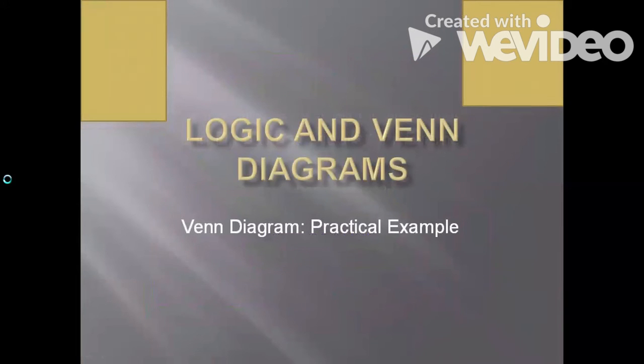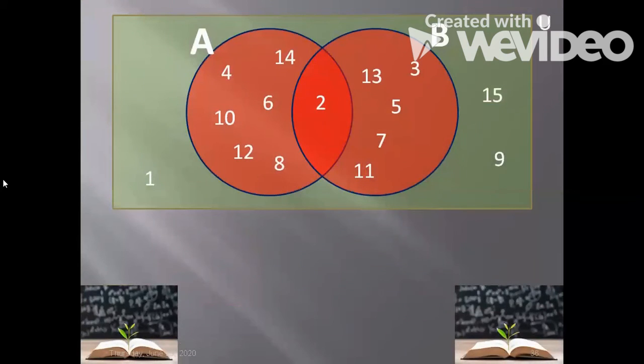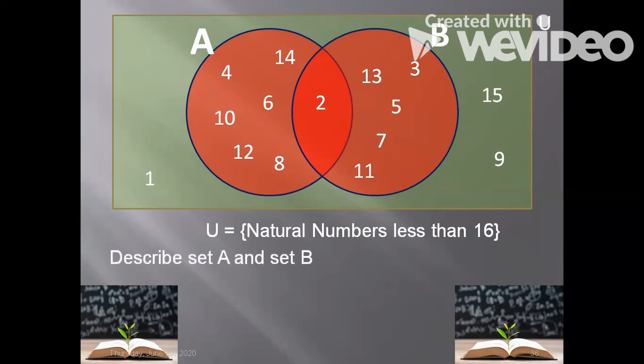All right. Let's look at some practical examples. All right. So the universal set here is our natural numbers that are less than 16. And the question says describe set A and set B. So look at the numbers for set A and tell me what you think.